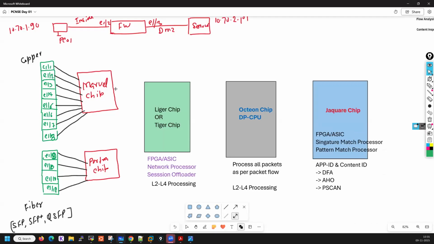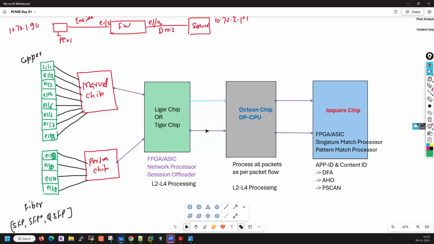Those chips have connectivity with each other like this.